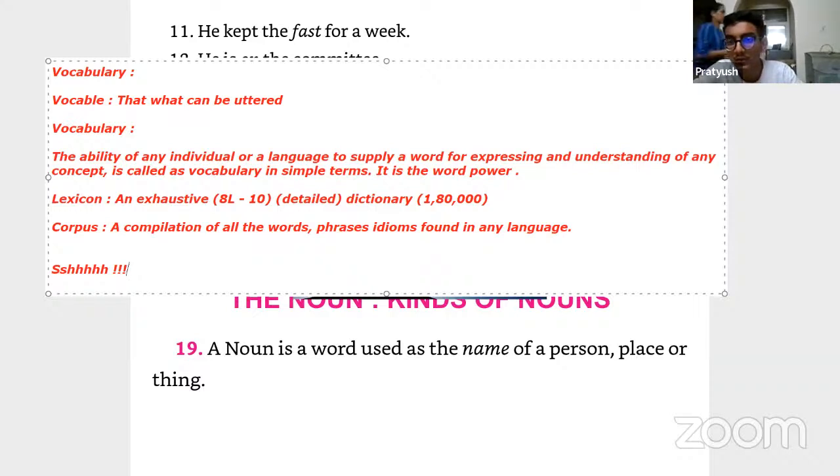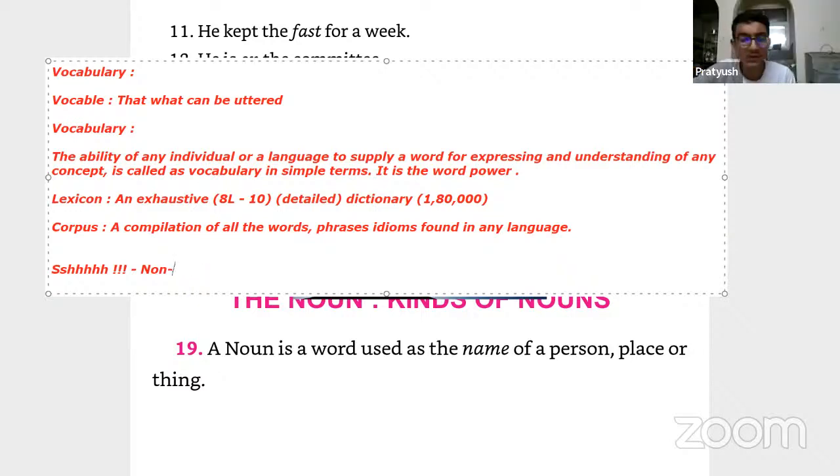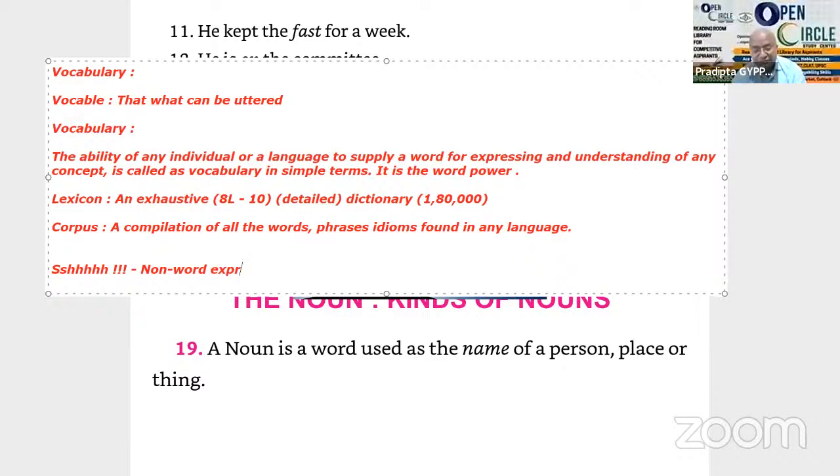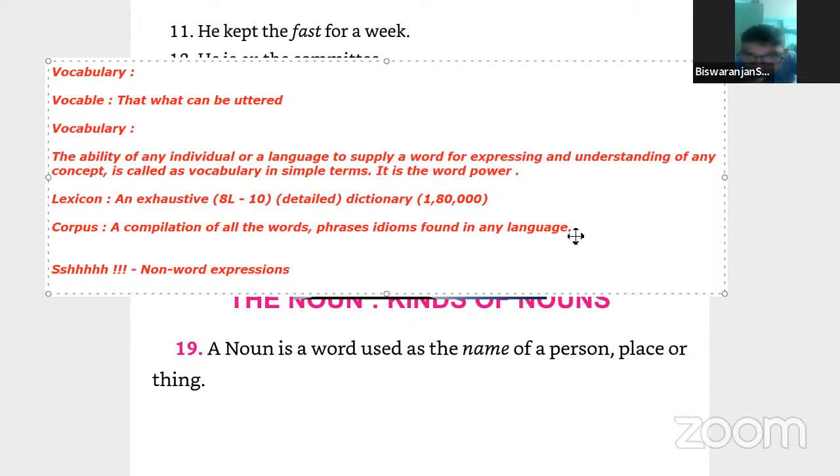No, sir. We call them non-words or non-word expressions. That means these are human expressions which are not words. Understood?